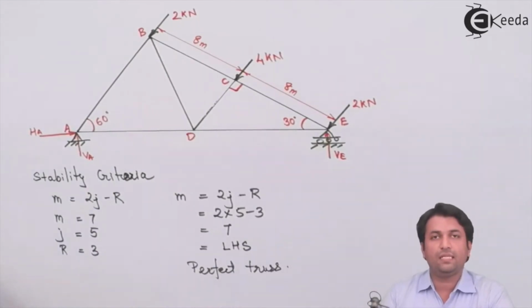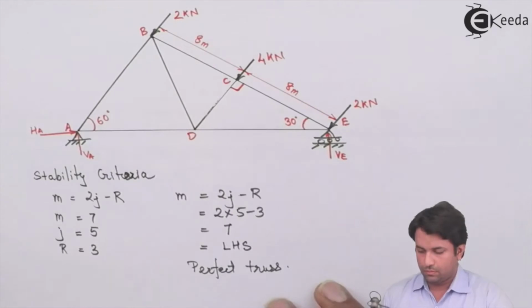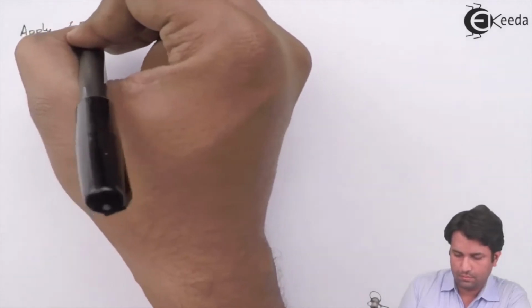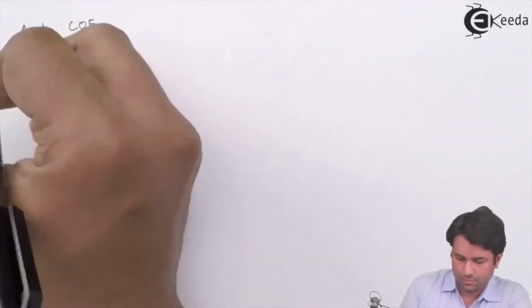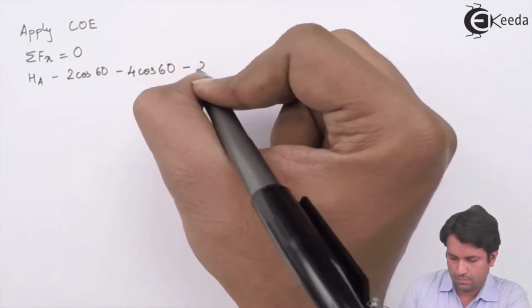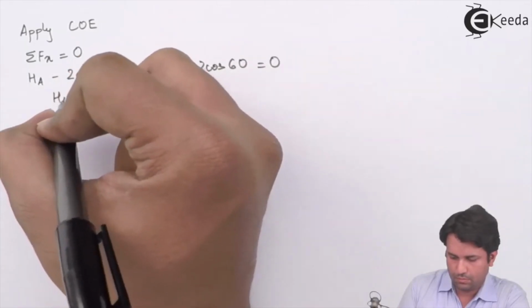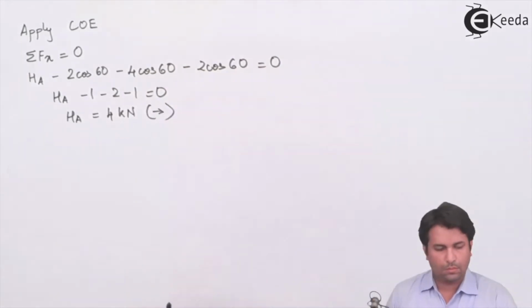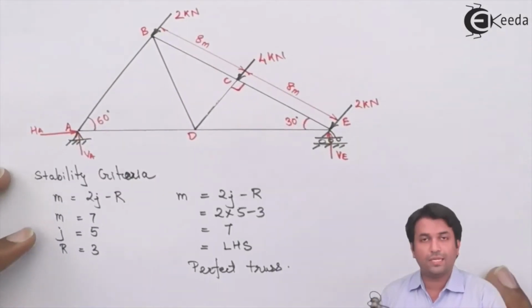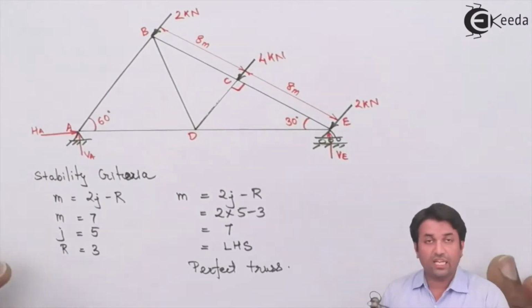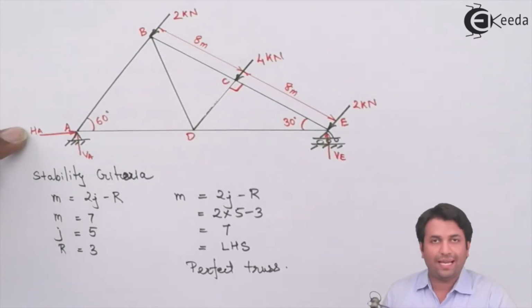Now, after doing this, the next step that we have to do is find the support reactions. So students, you can see that in this case, when I have applied the condition of equilibrium for Fx, the equation becomes like I have one horizontal reaction over here.